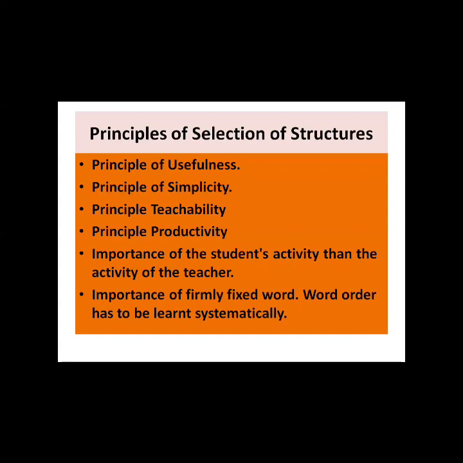But if you take another structure, like "If you had walked fast, you would have caught the train," this structure is obviously more difficult, and can be taken up at a later stage. Structures which are simple in form and meaning should be selected first.